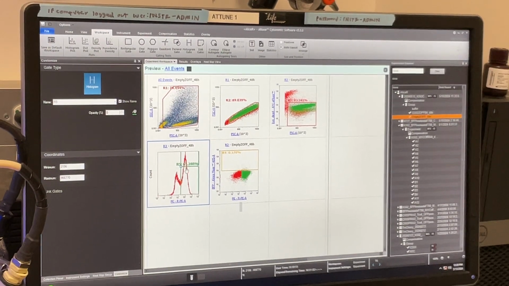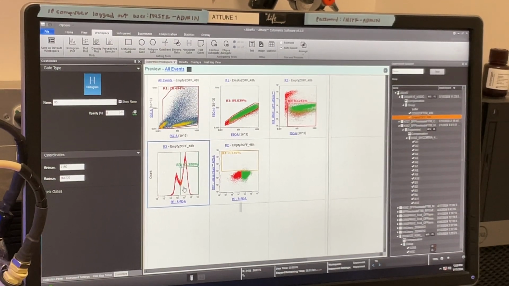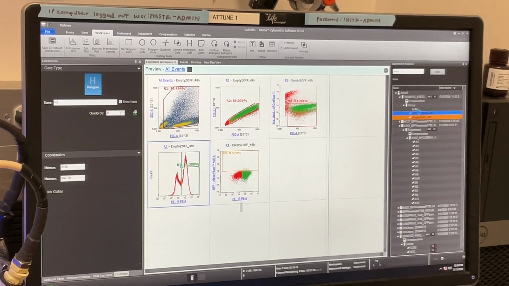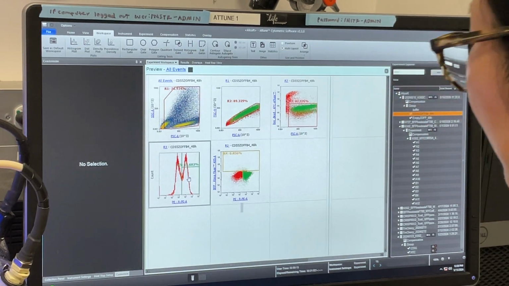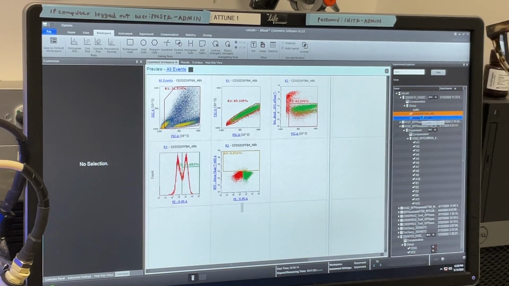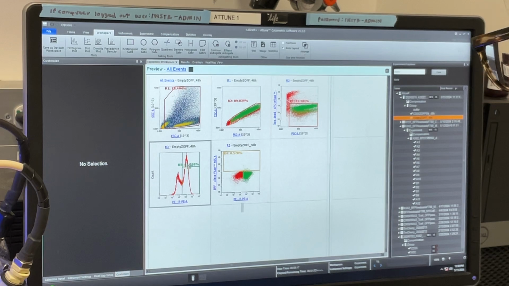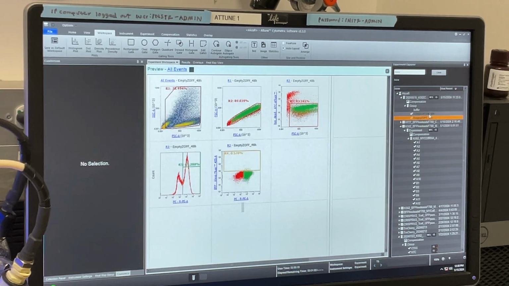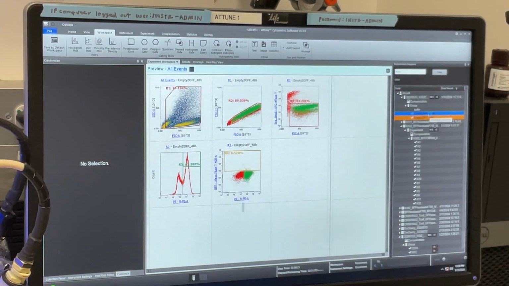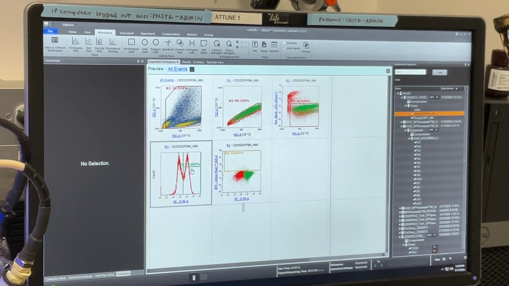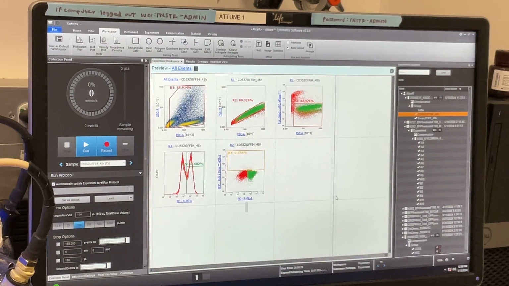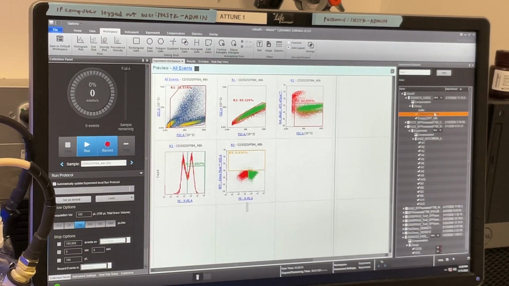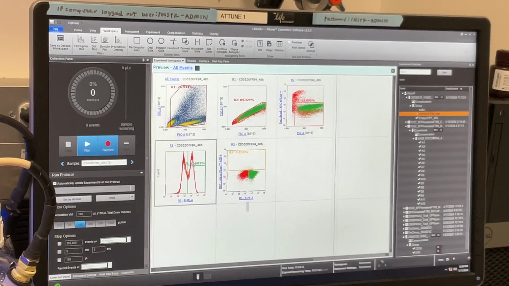If I only count this peak as positive, this one is 65%. And this one is 52%. So there is some reduction in the level of staining, although it's not a massive amount.